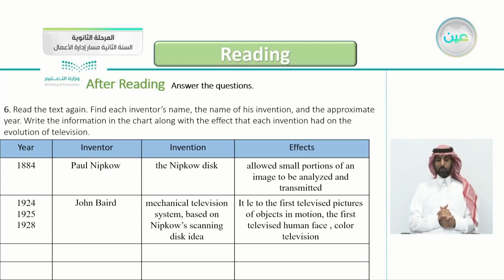The second one, we have 3 years, 1924, 25, and 28, by John Baird. He invented a mechanical television system based on Nipkow's scanning idea. It led to him creating the first televised pictures of objects in motion, the first televised human face, and color television.